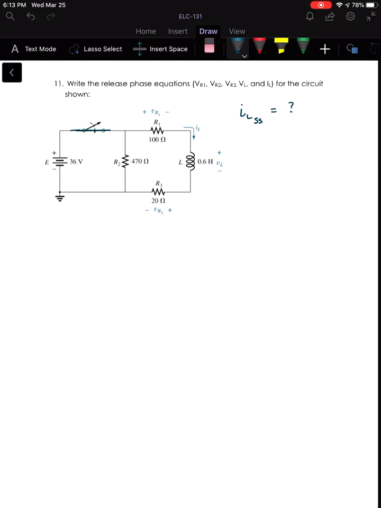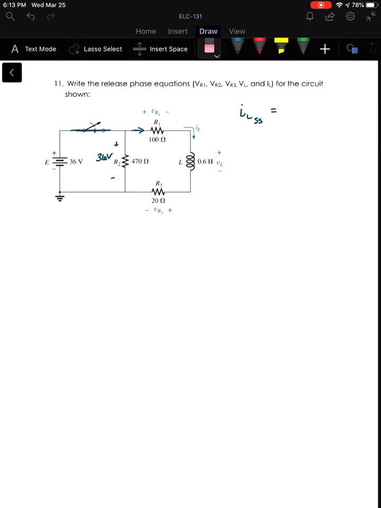First thing we want to do is imagine that we're in that storage phase, and we're going to ignore R2 for a moment. R2 is in parallel with the source, so we've got 36 volts there, and it's basically like we have 36 volts applied to our second branch over here.